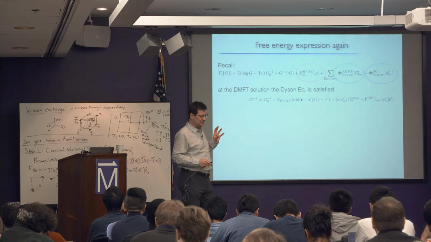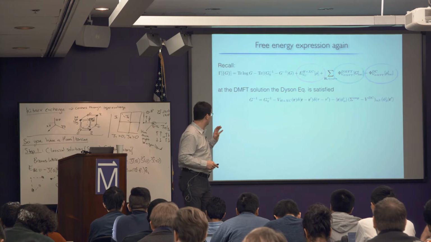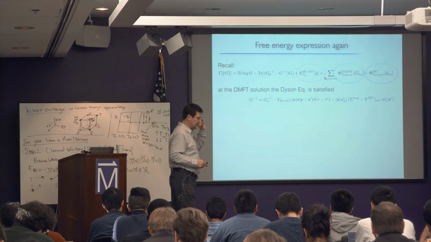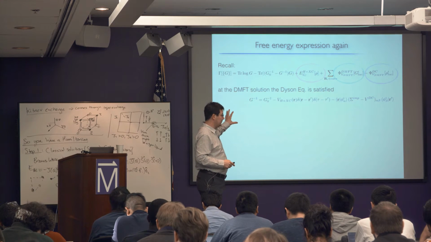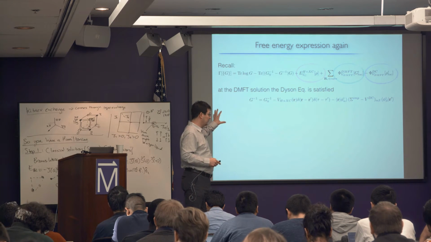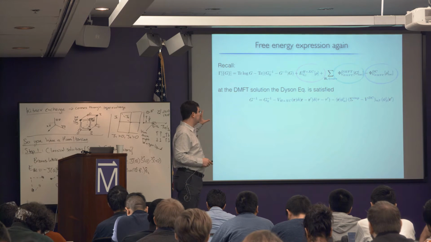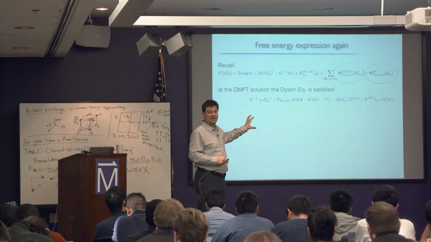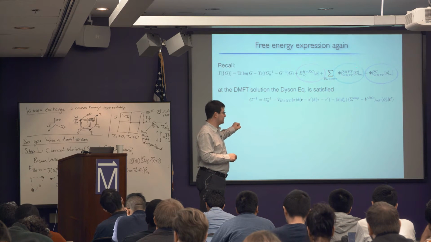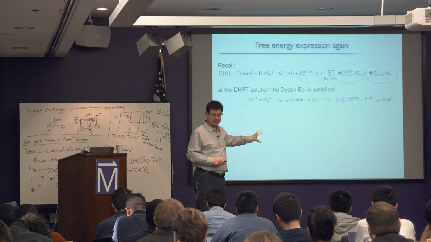And now, why is this important? Well, the important point that I want to convey here is that you don't have the second derivative of the phi functional with respect to G in this expression.